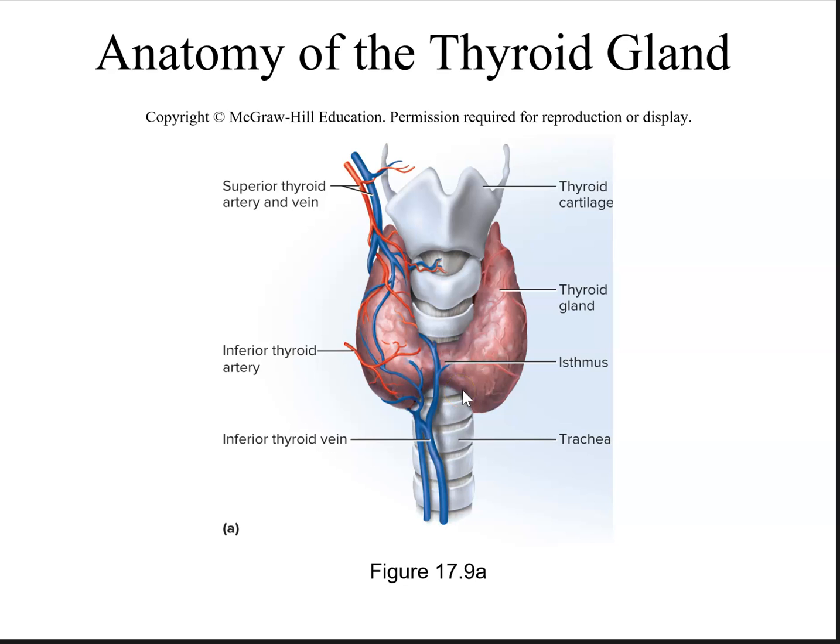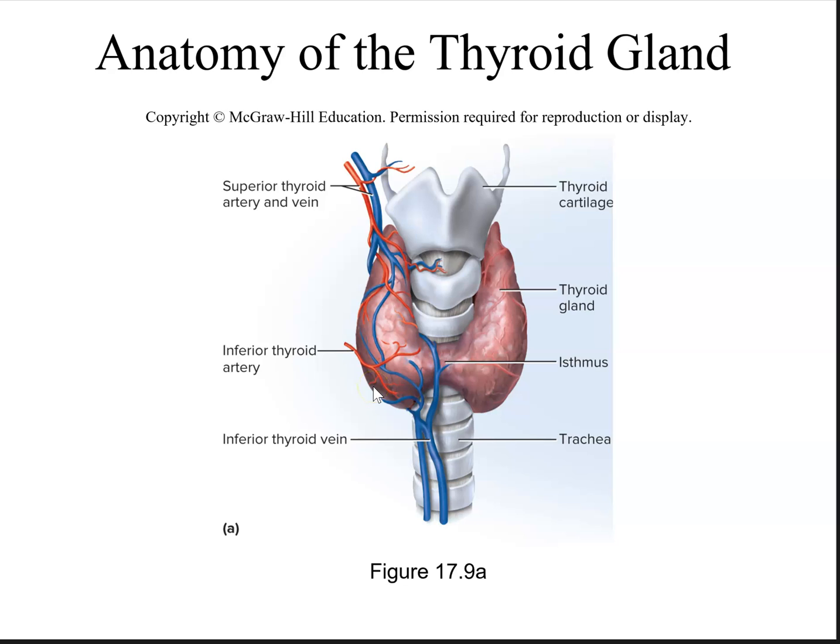So the thyroid gland consists of two lateral lobes, one to the right and the other one to the left, and in between the two it contains a region known as the isthmus. The isthmus connects both sides, the left and right.